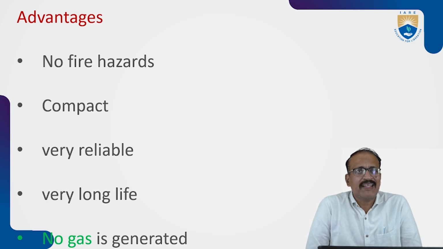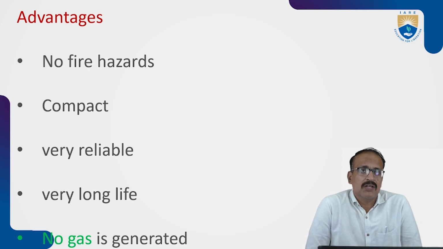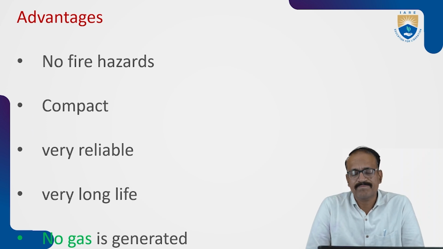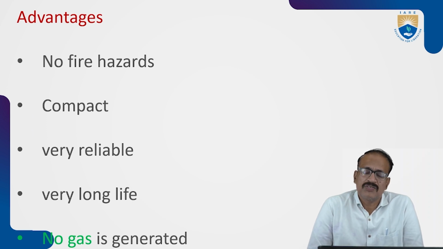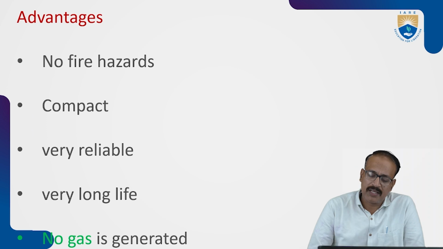So it is very reliable and it has a very long life. No gas is generated because it is vacuum. So zero hazard, long life, compact, reliable, and no gas.